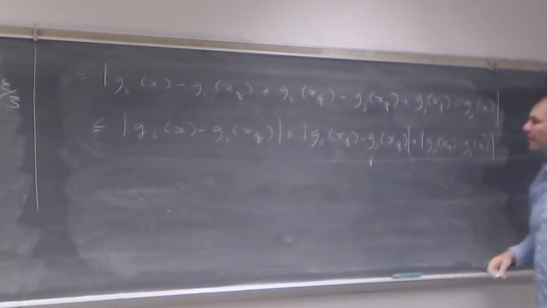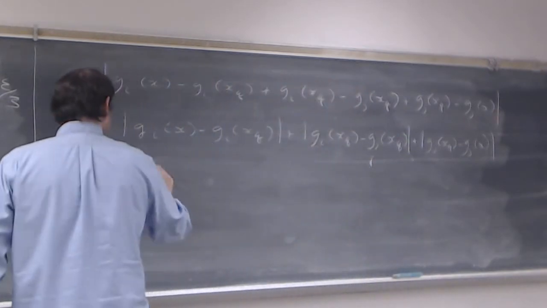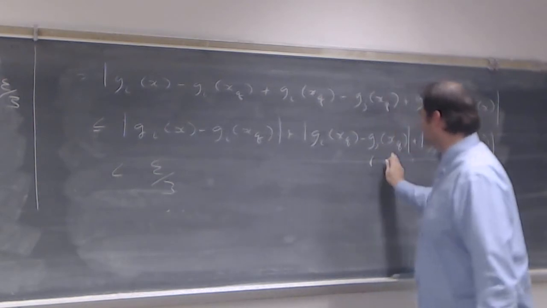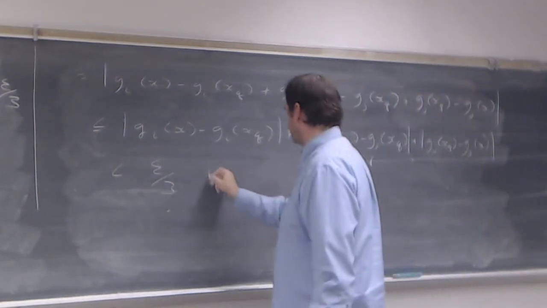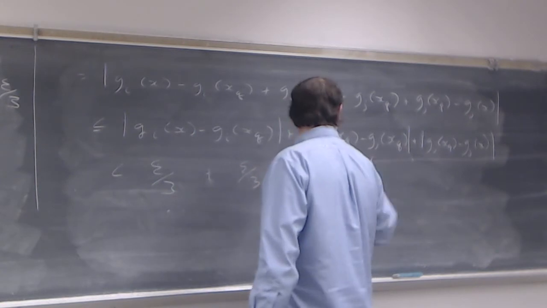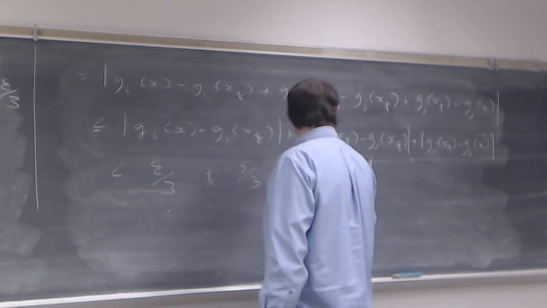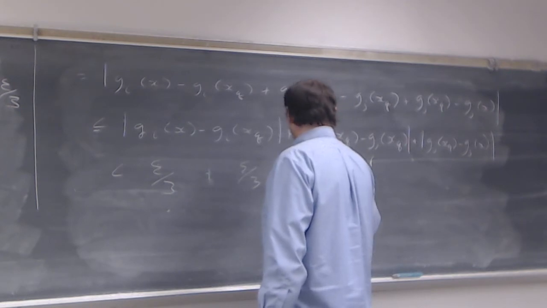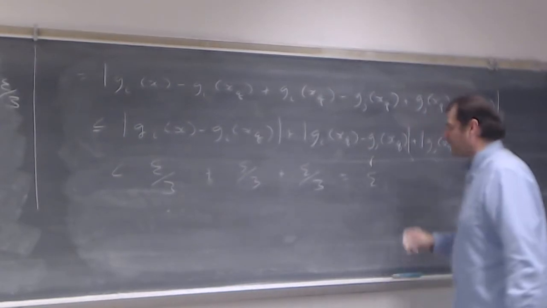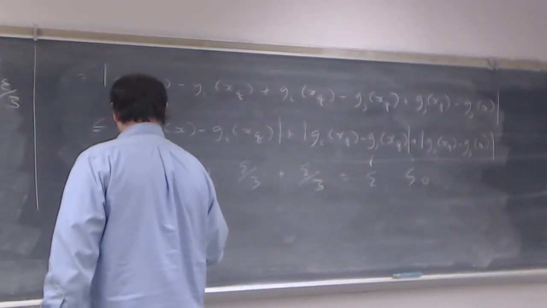Due to the equicontinuity, the first is less than epsilon over 3. The second, due to the convergence, is less than epsilon over 3. And the third, due to the equicontinuity of the g sub j's, is less than epsilon over 3, which equals epsilon.